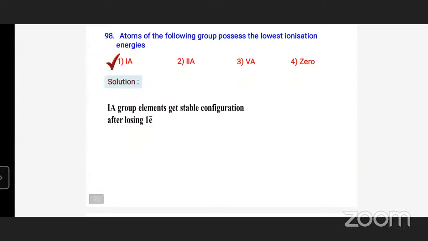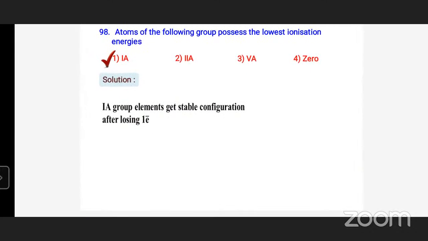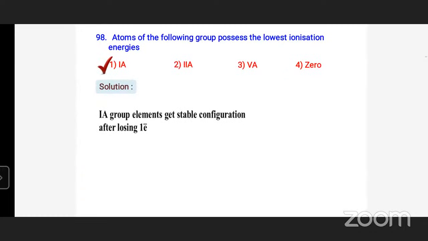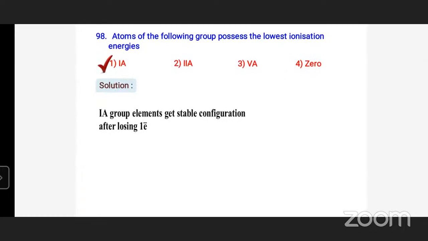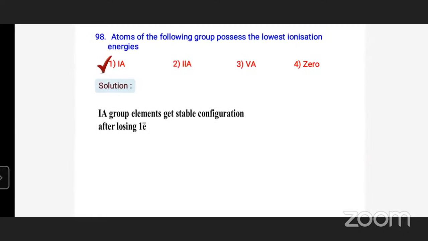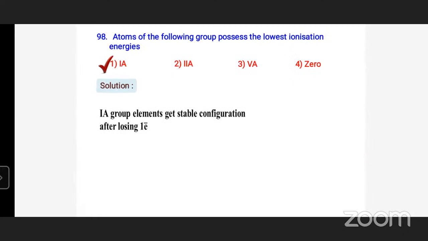Then next question. Atoms of the following group possess the lowest ionization energies: first A group, second A group, third option fifth A group, fourth option zero group. Here the first A group element gets a stable configuration after losing one electron.